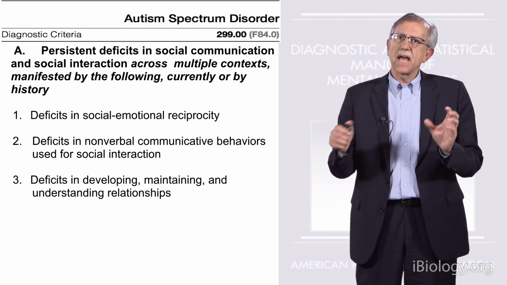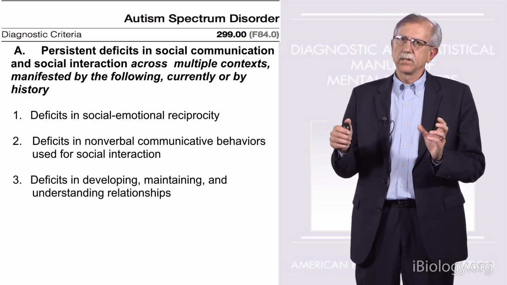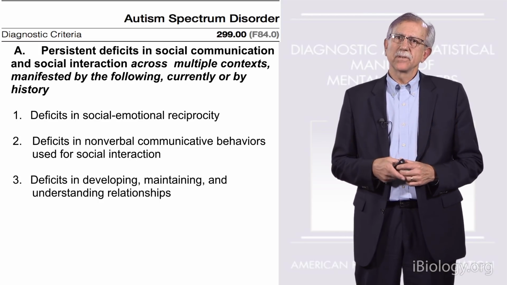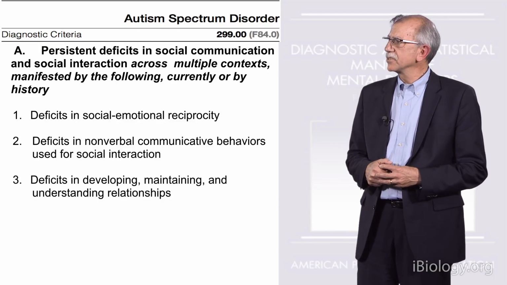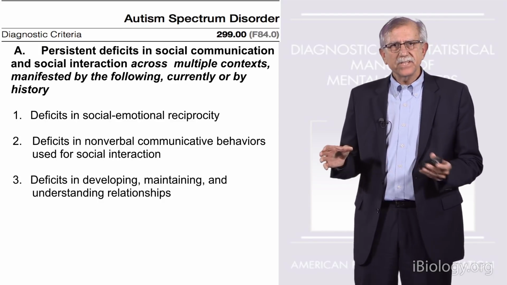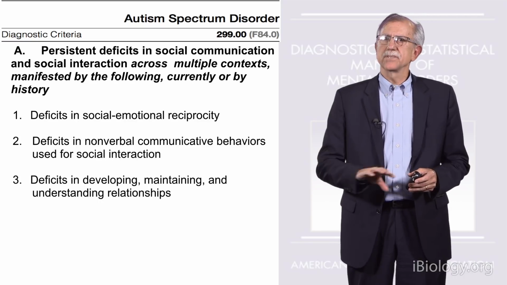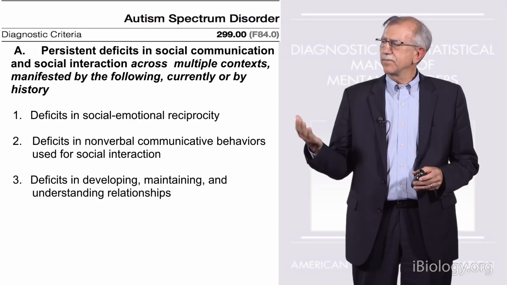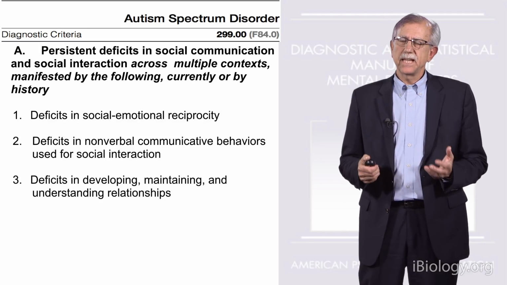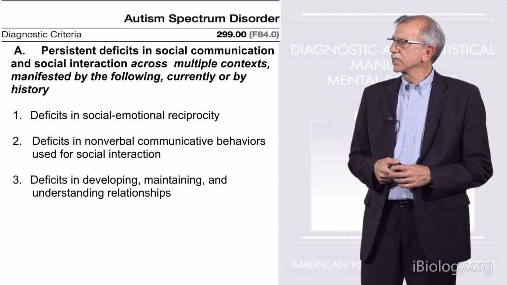You can see how these stack on to one another, that particularly the first two criteria would almost always lead to problems developing, maintaining, and understanding relationships. These need to occur across multiple contexts and multiple settings, and this difficulty needs to significantly impact an individual's function.